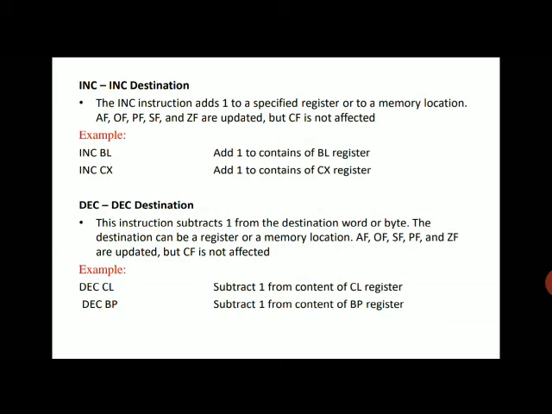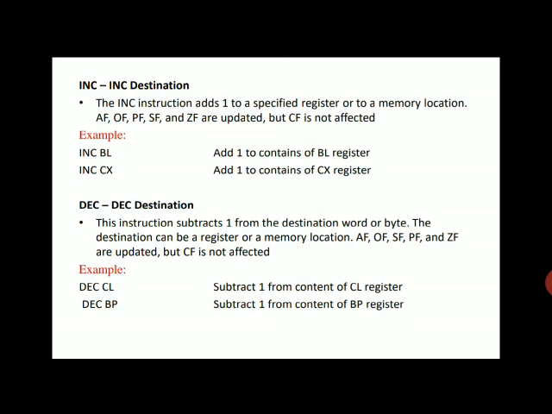And the next classification of instruction is DEC destination. What is the operation? It subtracts 1 from the destination word or byte. Increment is used for addition of 1 and decrement is used for subtraction of 1 from the byte or the word. It is specified in the example DEC CL.